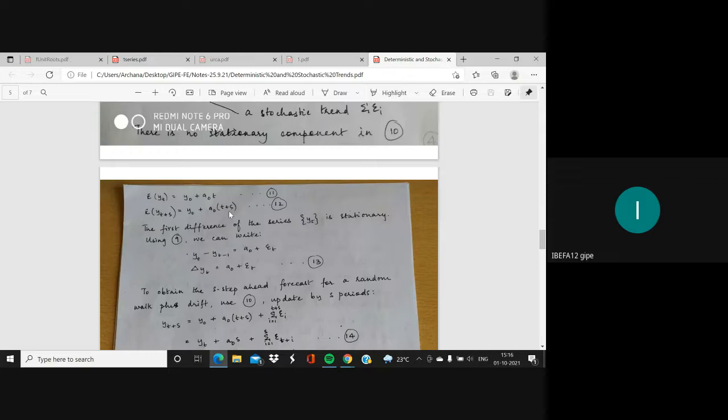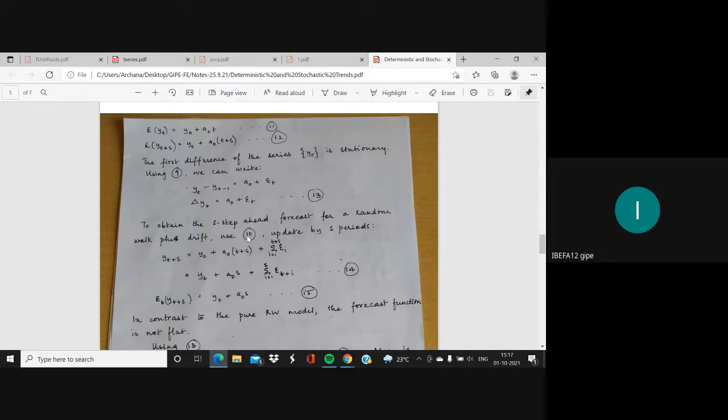There are s additional a naught terms here, because of the linear deterministic trend here. So the drift means that even the mean is not constant over time. For a random walk plus drift model, you will find that the first condition of stationarity itself is violated, that the mean is constant. So here the mean is not constant.